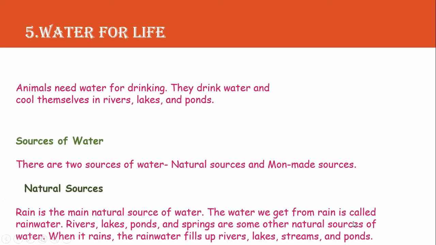The water we get from rain is called rainwater. Rivers, lakes, ponds, and springs are some other natural sources of water. When it rains, the rainwater fills up rivers, lakes, streams, and ponds during the rainy season.